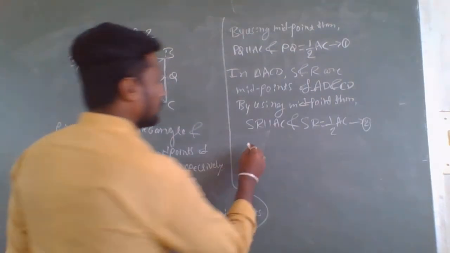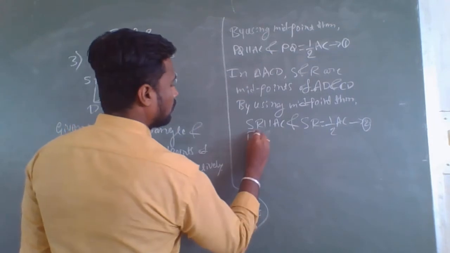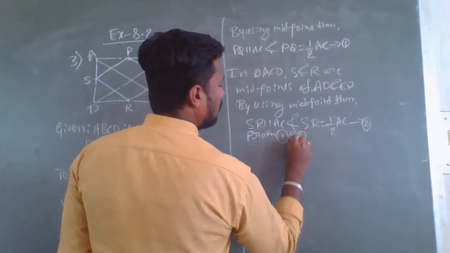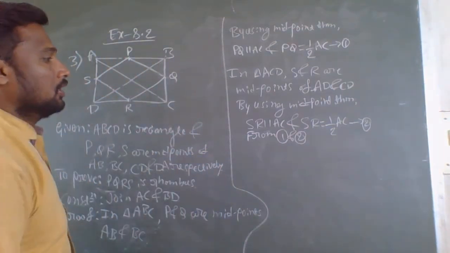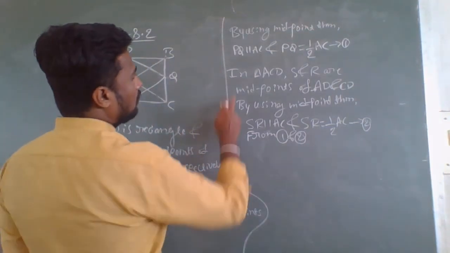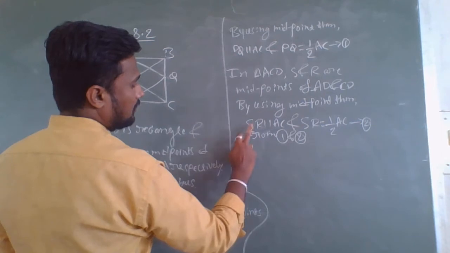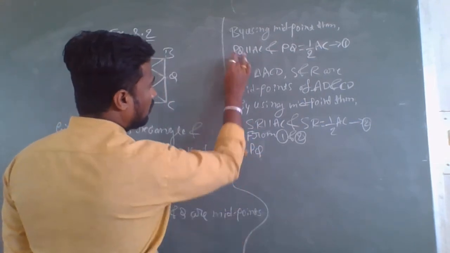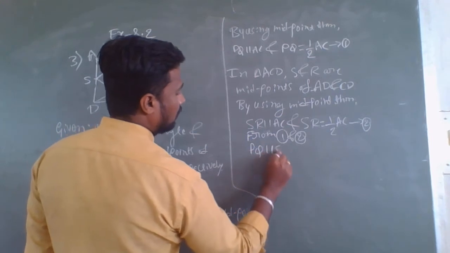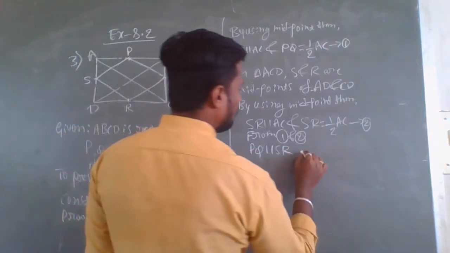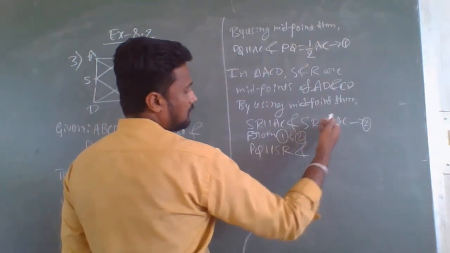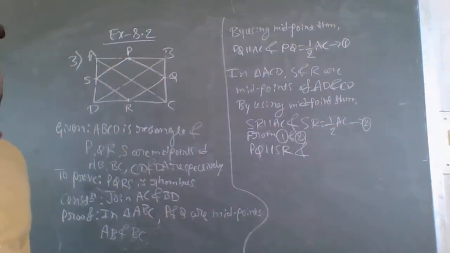Now from 1 and 2 what can you write? PQ is parallel to AC and SR is also parallel to AC. Therefore these two are also parallel: PQ is parallel to SR. Here PQ is equal to half of AC and SR is also equal to half of AC.